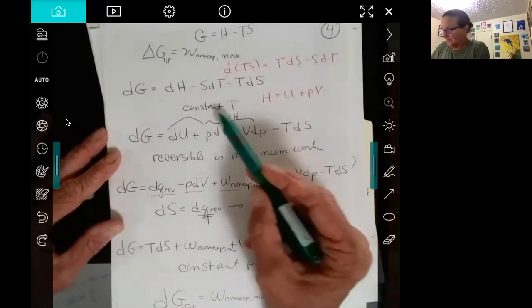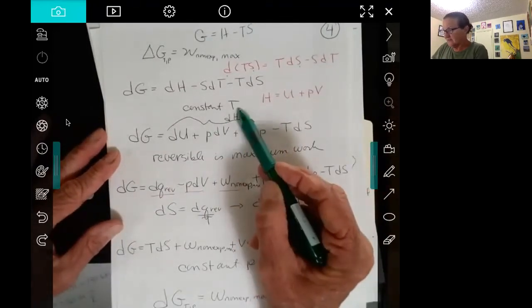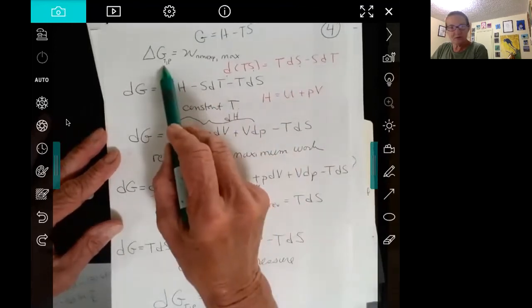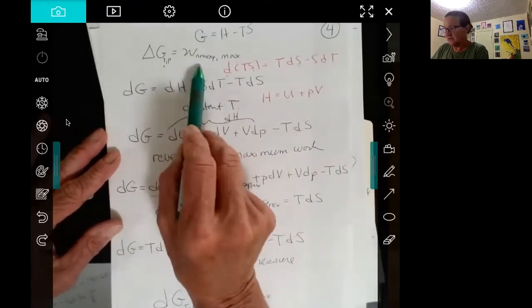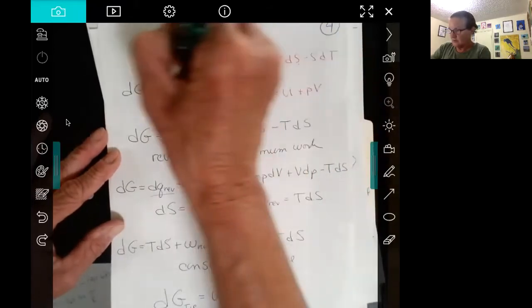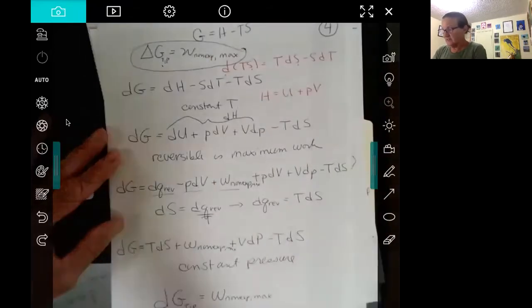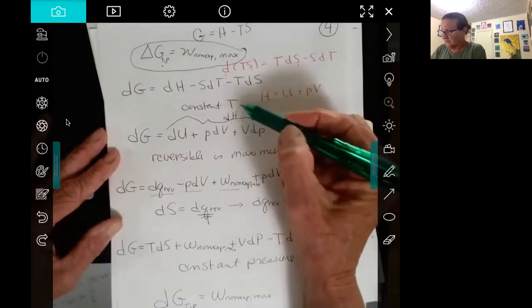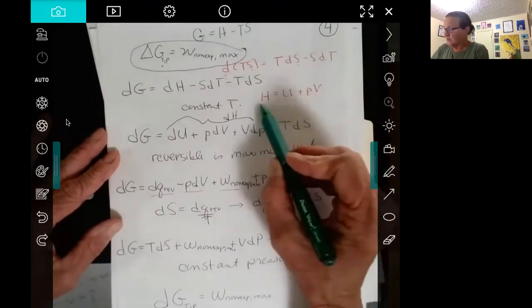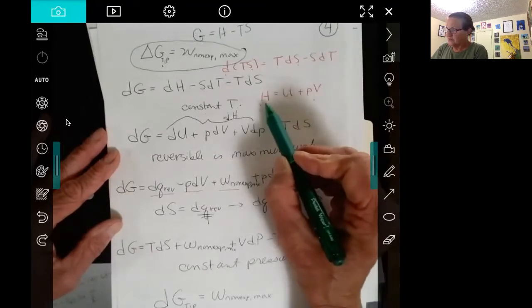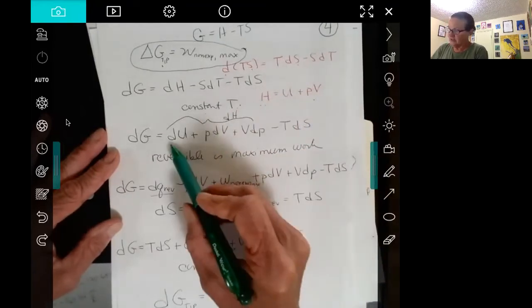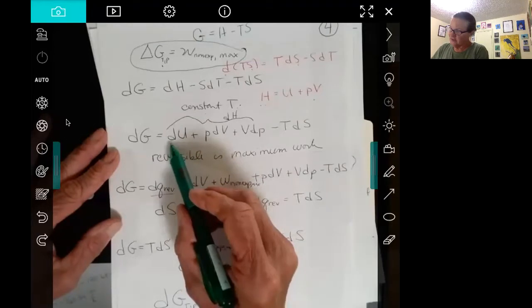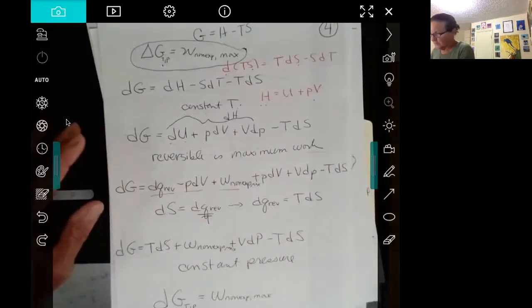So if the process is at constant temperature, which is one of our restrictions here, this is only true if the process takes place at constant temperature and pressure. So here we'll make the restriction of constant temperature, and we'll sub in how dH changes, because we know it's a function of U and PV.